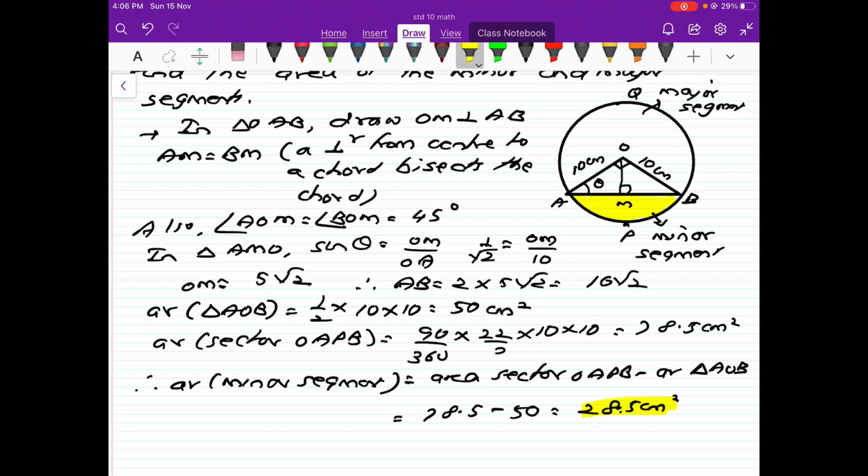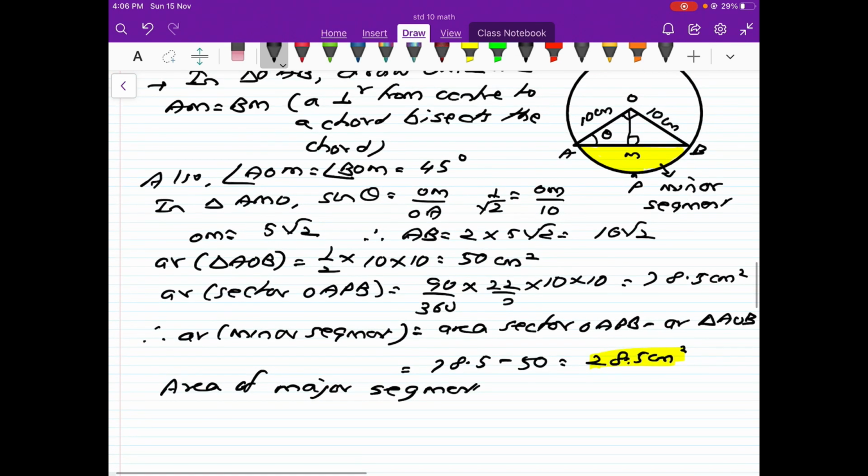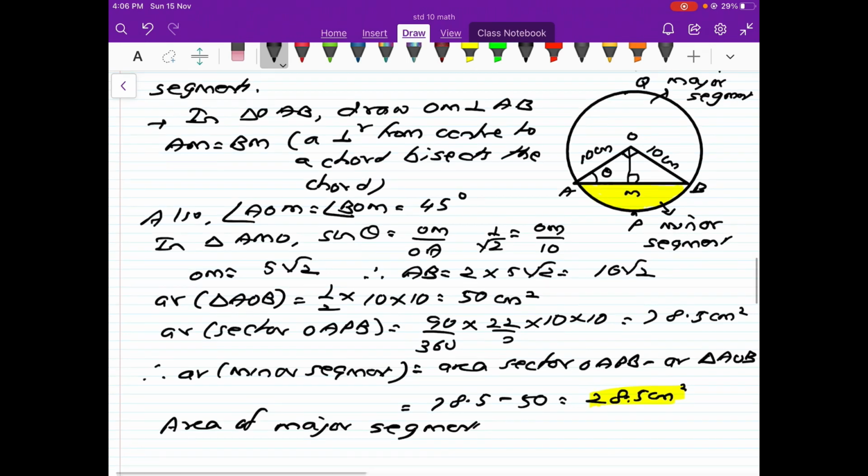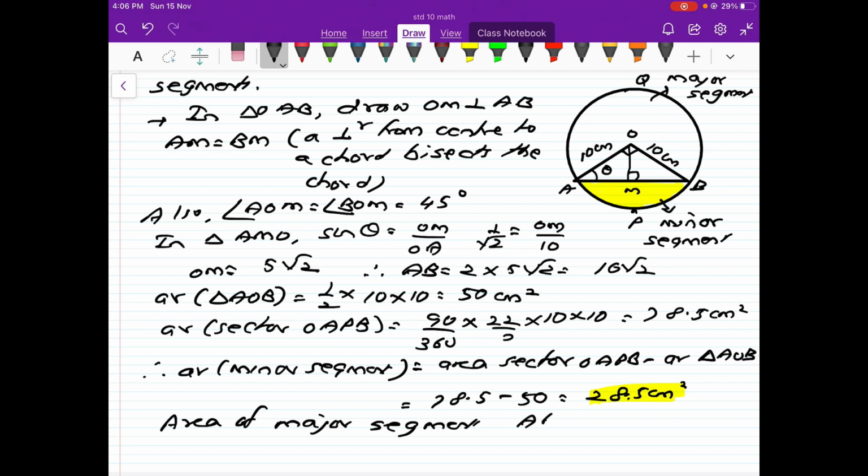Now for finding the area of the major segment, this major segment is this ABQ.